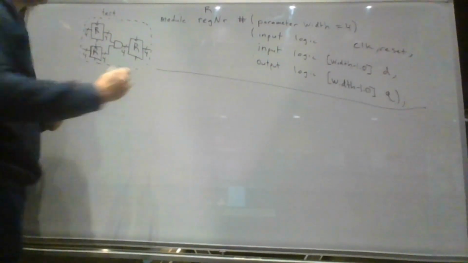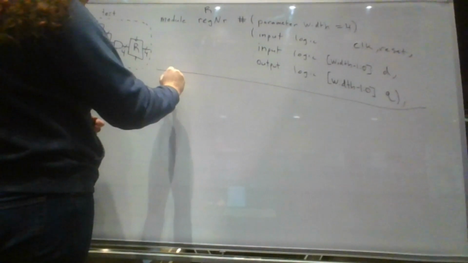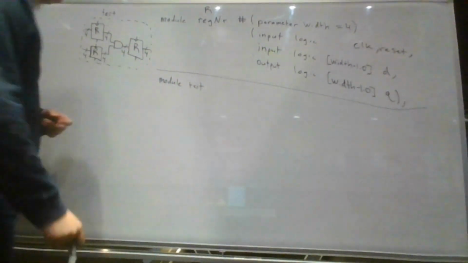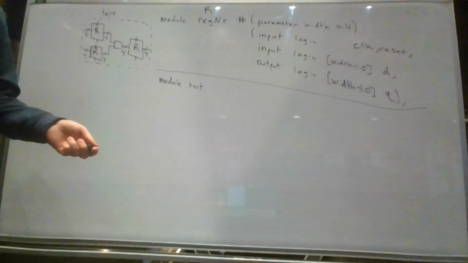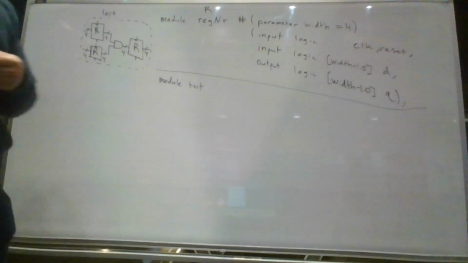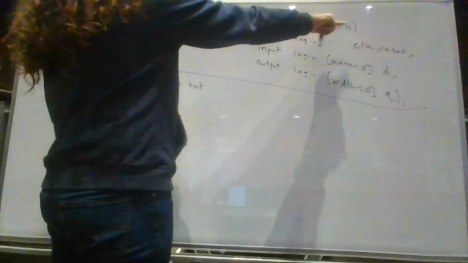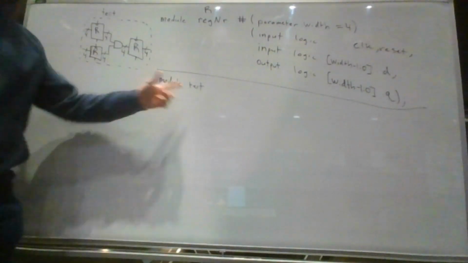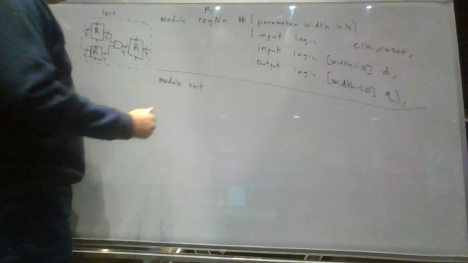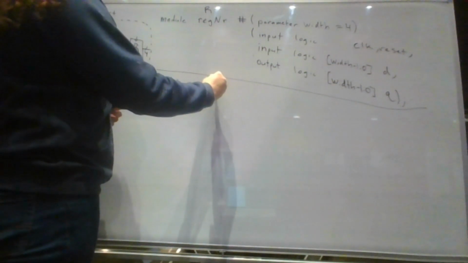So I'll call it my test module. And I could actually parameterize this if I wanted to, but I won't, though you absolutely could parameterize it, just like we did for this one, with the pound sign and put the parameter, and then you can instantiate this as a parameterized module externally. Doesn't really matter. For the moment, though, I won't do that.